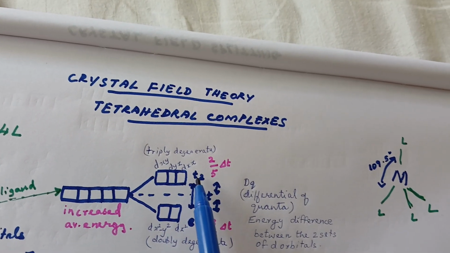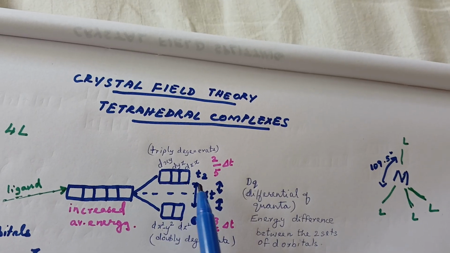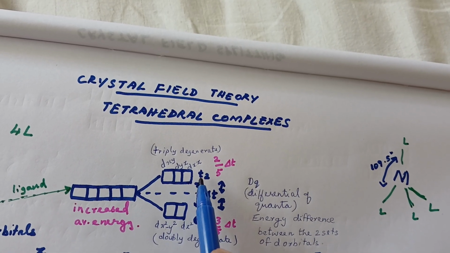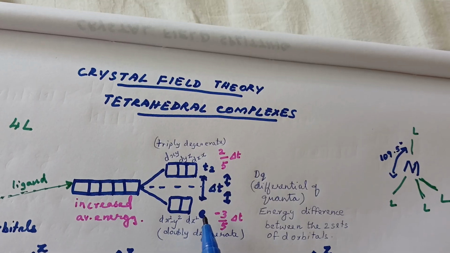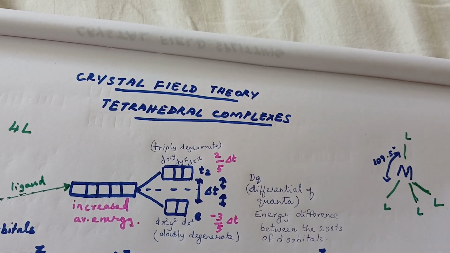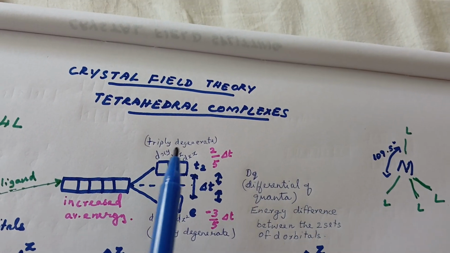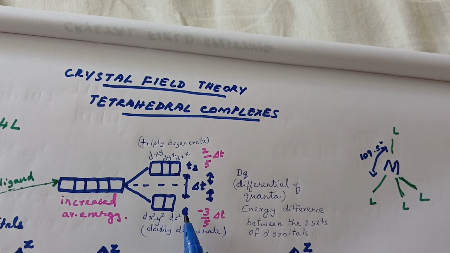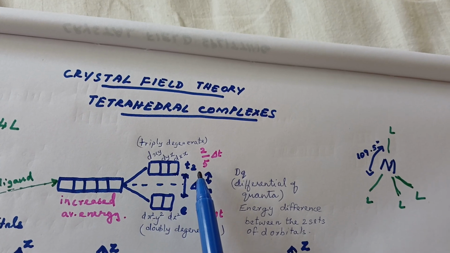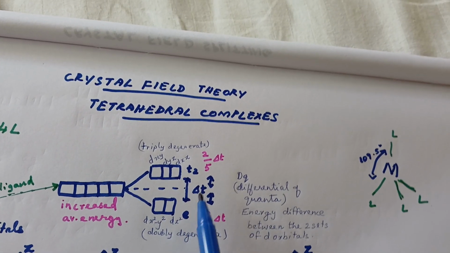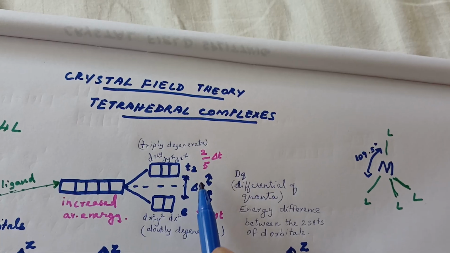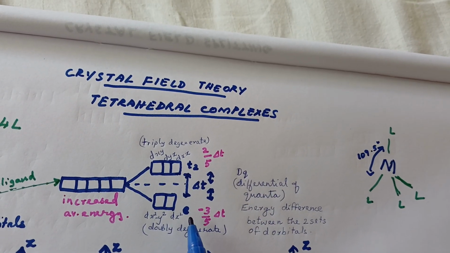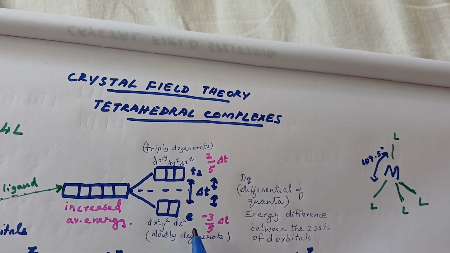So always notice that it is not T2g but T2 and E, because in the case of these tetrahedral complexes, they lack that symmetry. That is why it is given as T2 and E; avoiding that g, T2g is not used, or Eg is not used.